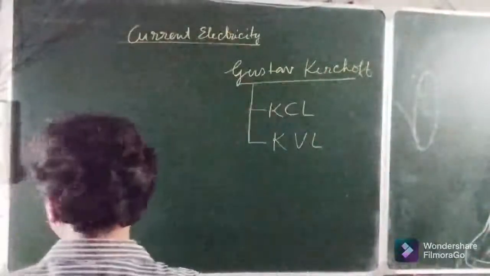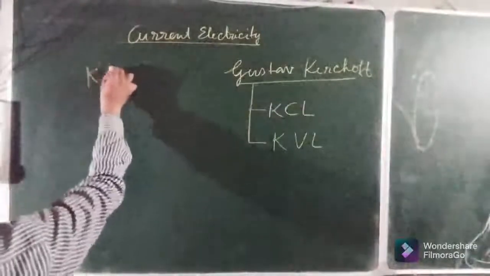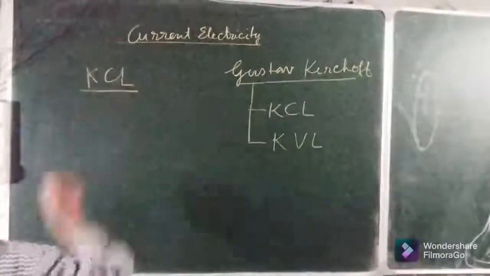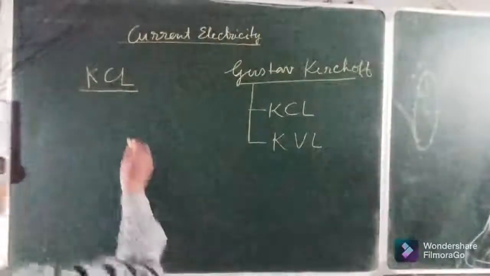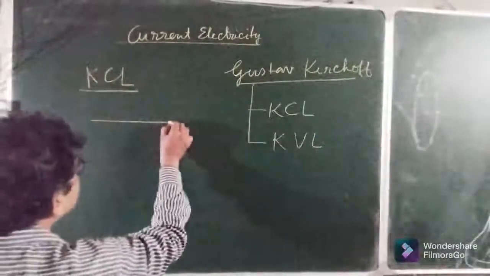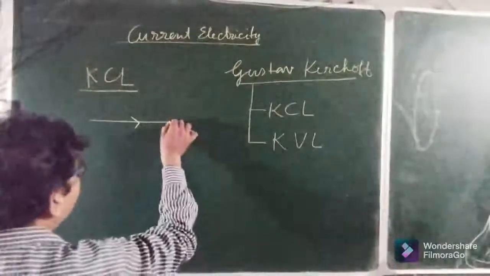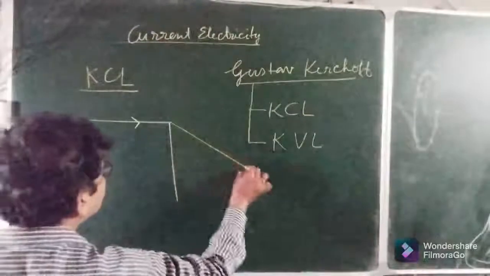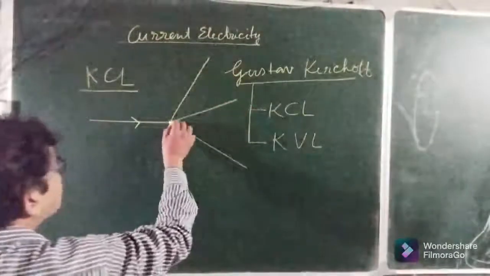Anyway, when we are discussing Kirchhoff's Current Law, it is regarding a number of currents which flow in and out about a junction.